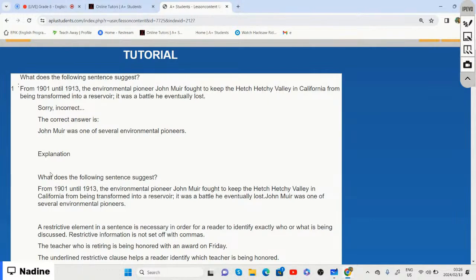All right, so it says that from 1901 to 1913, the environmental pioneer John Muir fought to keep the Hetch Hetchy Valley in California from being transferred into a reservoir, and it was a battle he eventually lost. The question is, what does the following sentence suggest?